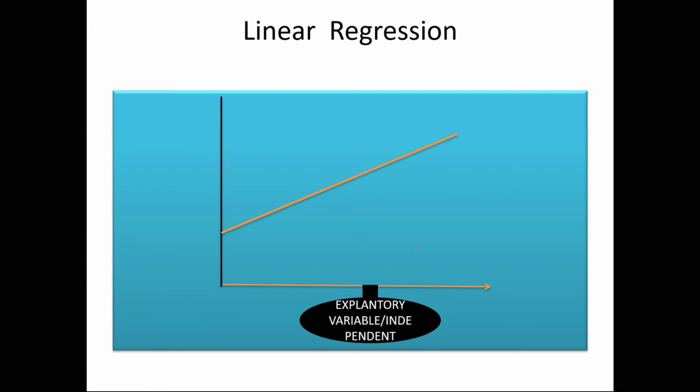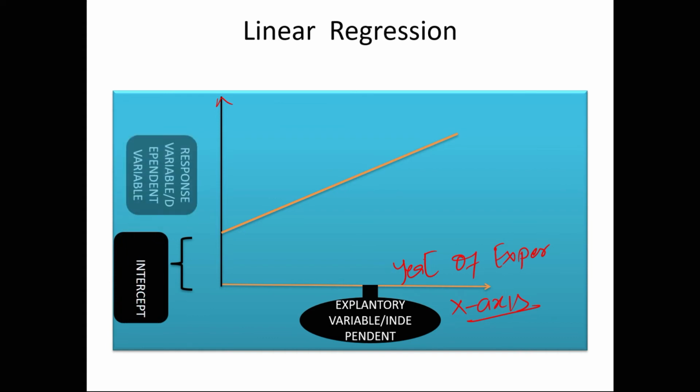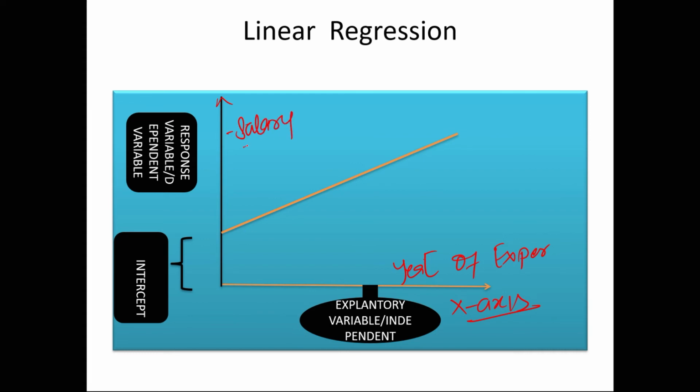Okay, this is the x-axis. On the x-axis you can plot the years of experience, and this is the y-axis, which is called the response variable. The y-axis is the salary, that is the response variable and dependent variable.